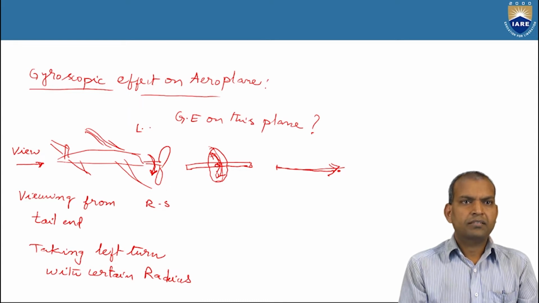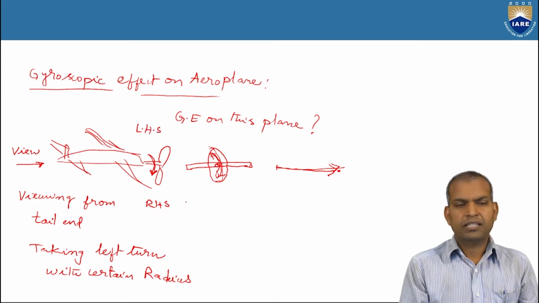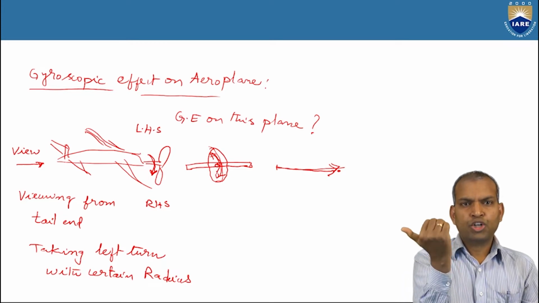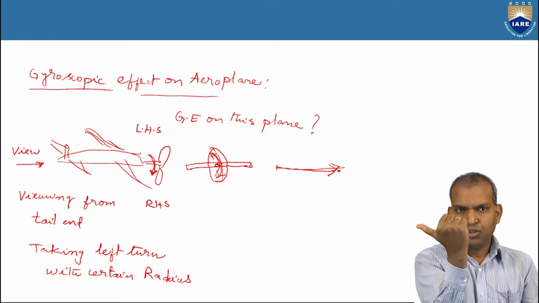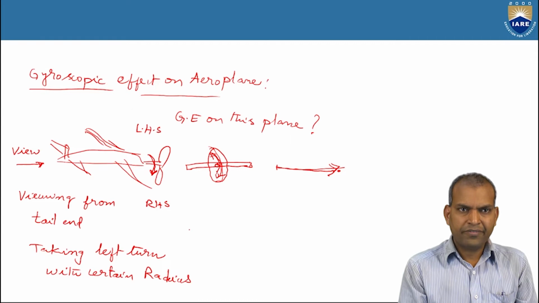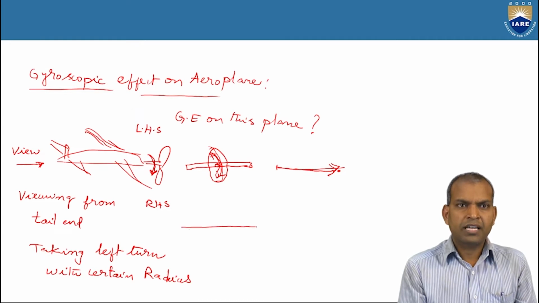The propeller is rotating in a clockwise direction when viewed from the rear or tail end, so the direction of the vector is in this direction.